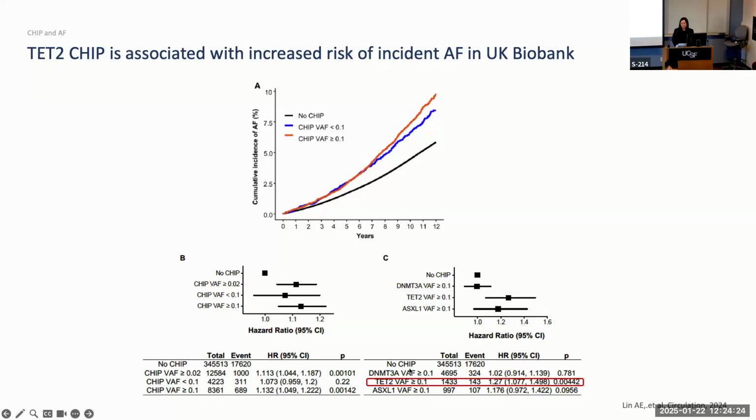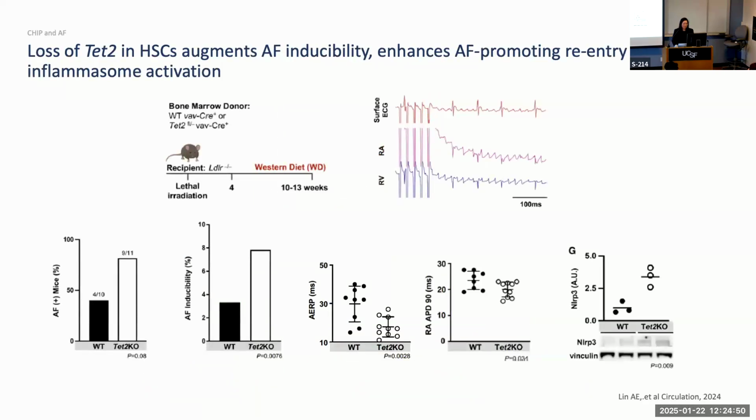And more interestingly, the most common CHIP gene, DNMT3A, actually does not have an increased association with developing incident atrial fibrillation. For other genes such as ASXL1 and JAK2, we didn't have enough patient samples in this particular group to find any significance, but there was some evidence to show that there may be an increased risk in other genes as well. Our focus stayed with TET2.